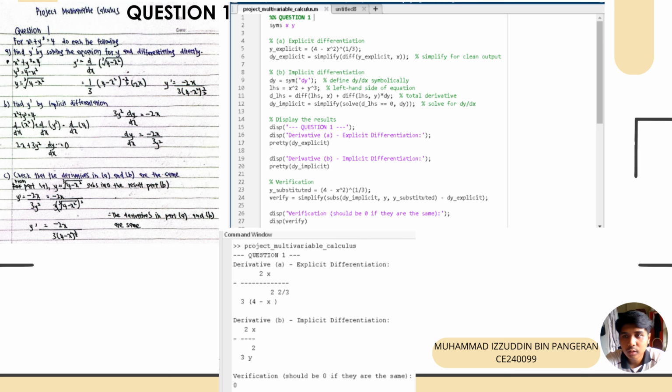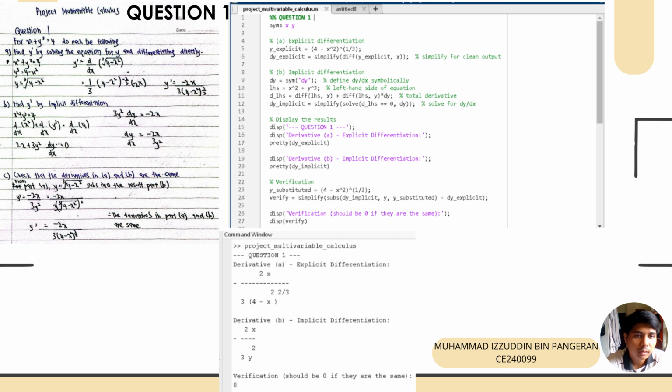For the implicit method, I directly differentiate both sides of the original equation. Since y is a function of x, I apply the chain rule to the y terms. At the end, I compare both results by substituting the expression for y from the explicit method into the implicit result.